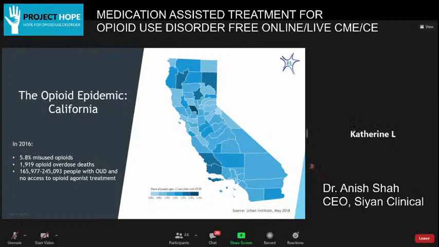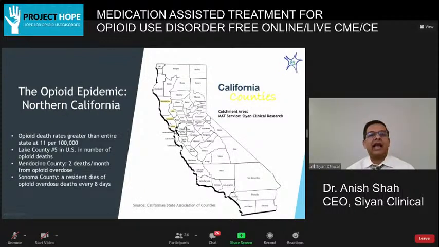Now let's look at the issue in our Northern California counties: Lake, Mendocino, Sonoma, and Marin County. If you look at our statistics, the opioid epidemic in Northern California is much greater than the entire state, as we have 11 per 100,000 opiate-related deaths in the state of California.